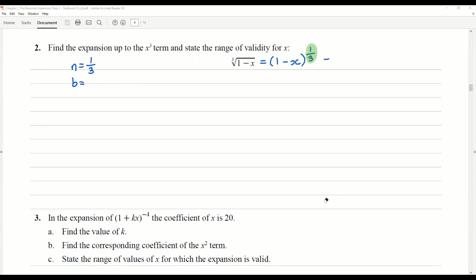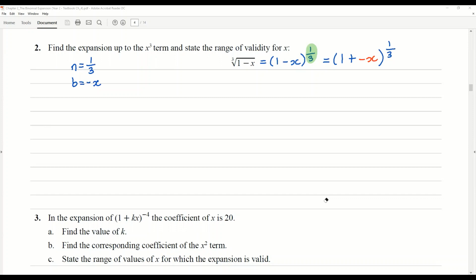So just to make it clear, it would be 1 plus minus x to the power 1/3. So that tells us that our b is going to be -x. Let's write that in. Just be careful, okay? Obviously, if you get that wrong, it's going to have repercussions later.